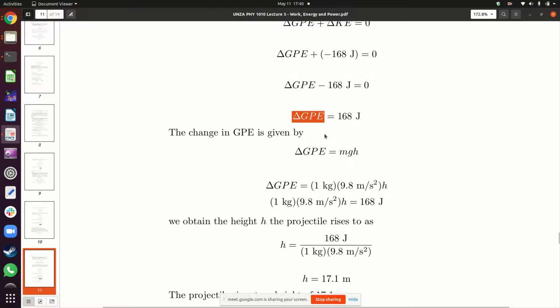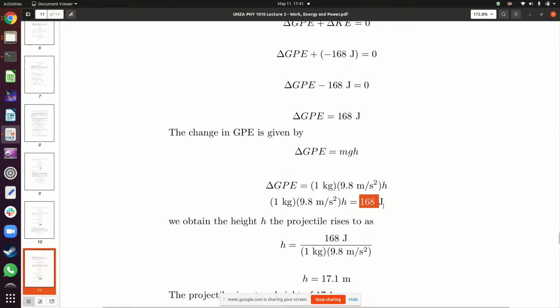This change in gravitational potential energy, you can find out using the expression mass multiplied by g multiplied by h. In this case, our mass is 1 kg, our g is 9.8 meters per second squared, and our h is the height. The change in gravitational potential energy, which is given by this expression, is equal to that.